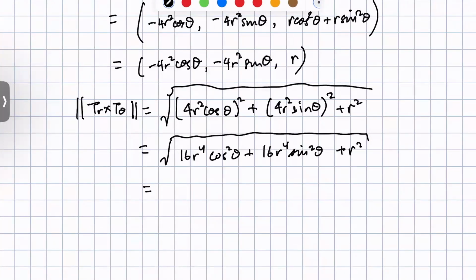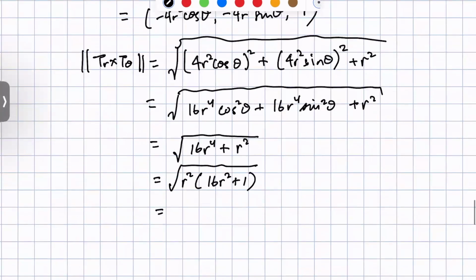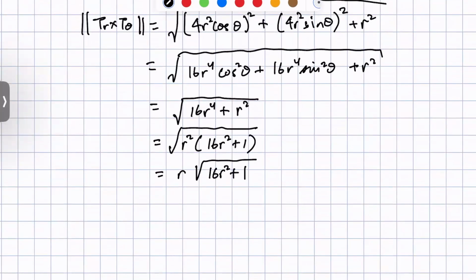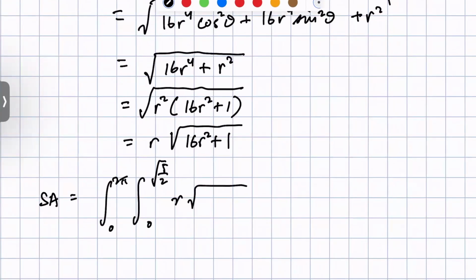The rest is 1. So I get 16r to the fourth plus r squared. Now I can factor out an r squared, 16r squared plus 1. And then I can bring the r squared out of the square root, giving me r times the square root of 16r squared plus 1. So my surface area is the integral from 0 to 2 pi, the integral from 0 to root 5 over 2, of r times the square root of 16r squared plus 1 dr d theta.